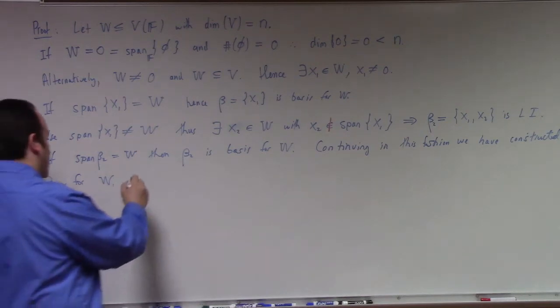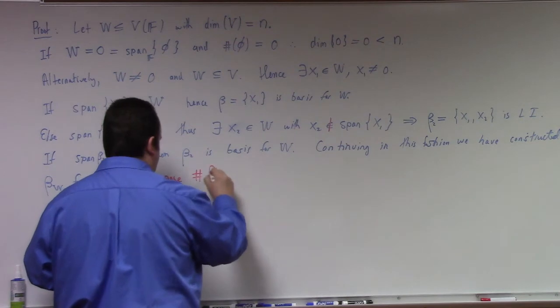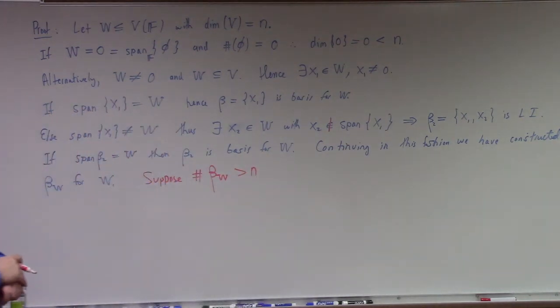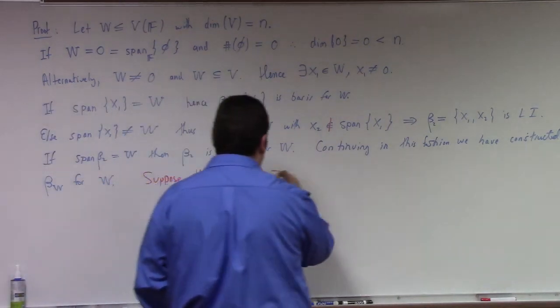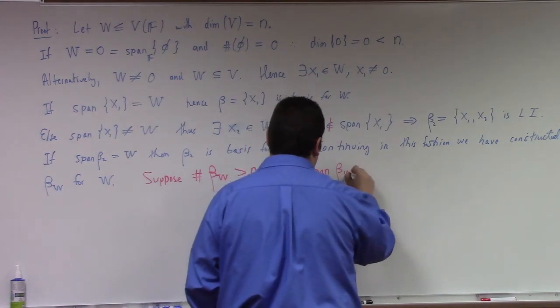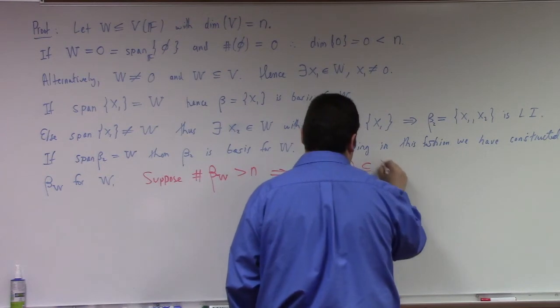Suppose that the number of vectors in the basis for W was greater than n, right? What would that imply? Well, beta sub W is a subset of V, right?